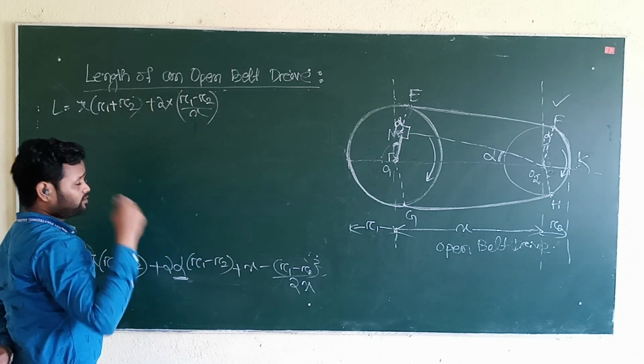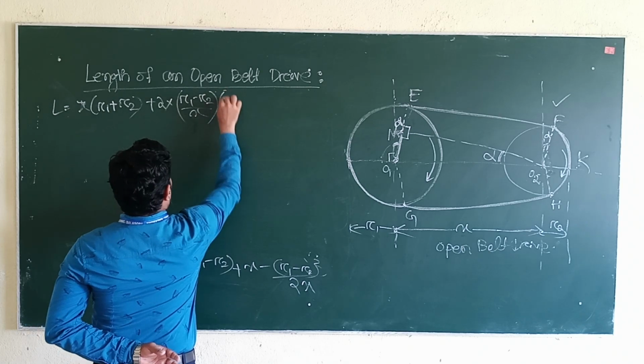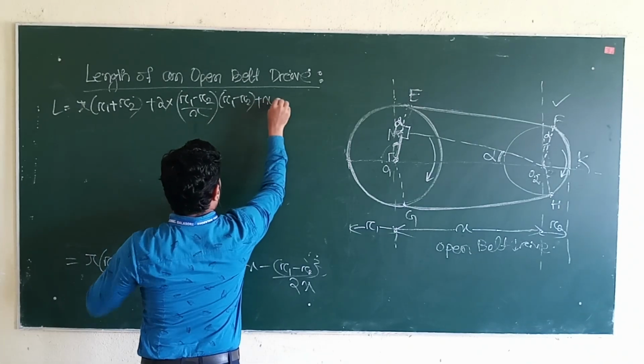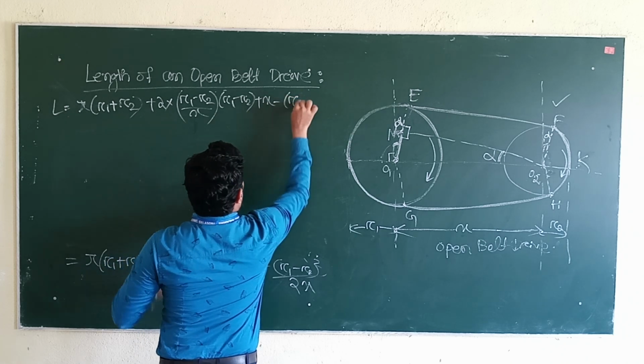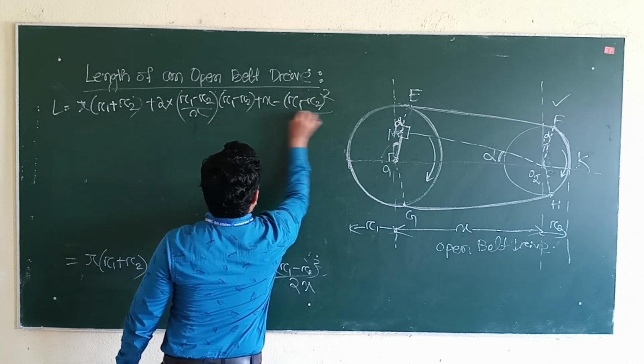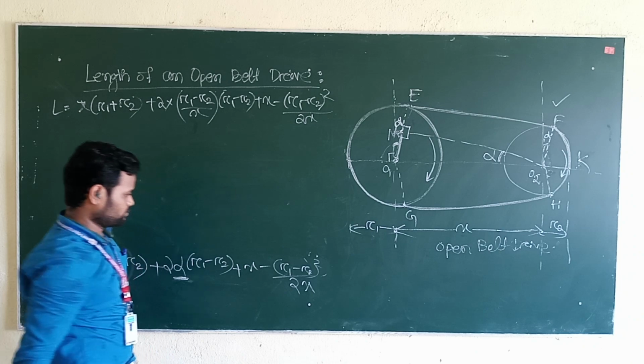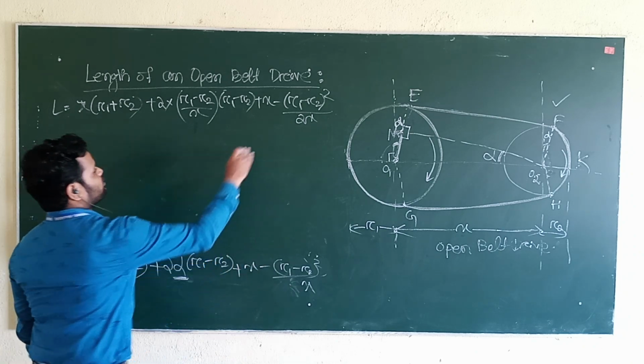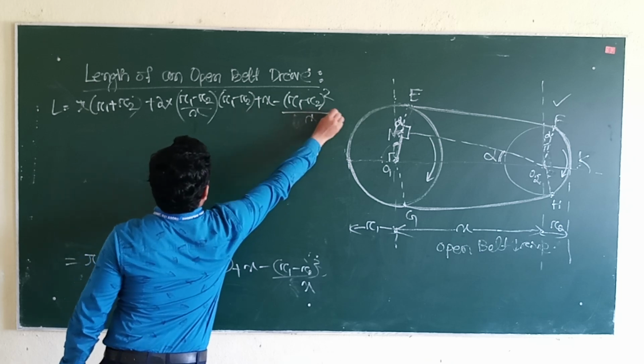We have already studied this in the previous class. So the remaining part is (R1 minus R2) plus x minus (R1 minus R2) square by 2x. When we multiply 2, these 2x will be cancelled out. The remaining part is x.